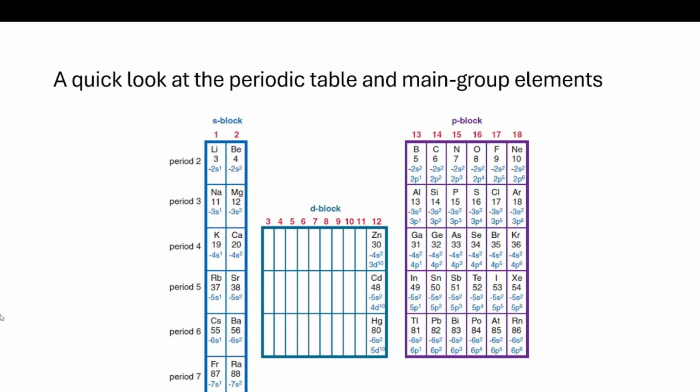Now, for any of y'all that have looked at the periodic table lately, you might see there's group 12 here. However, group 12 appears to be in the D block, which is where all the transition metals are. But we're only covering main group chemistry, which is pretty much anything but the transition metals. So why do we have something right in the transition metal block?